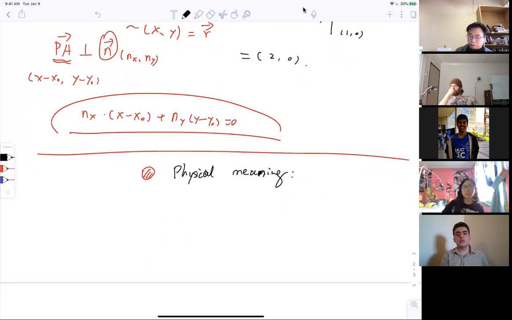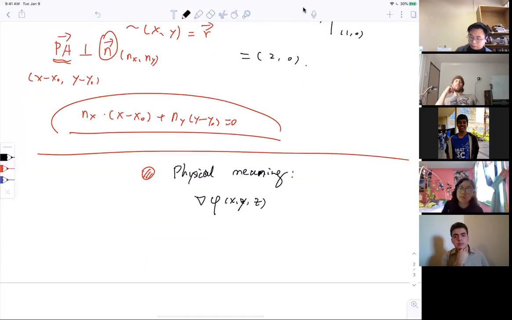When we talk about the gradient of some scalar field, we usually think of it like a del of a potential, an energy potential. Like what I said in the last discussion section, this guy will generate a force.